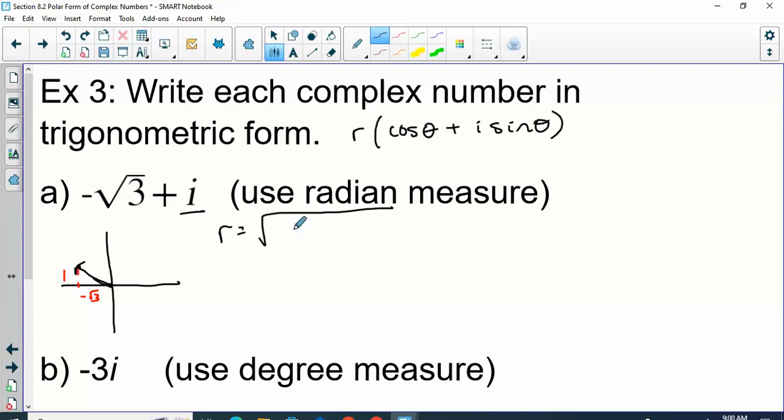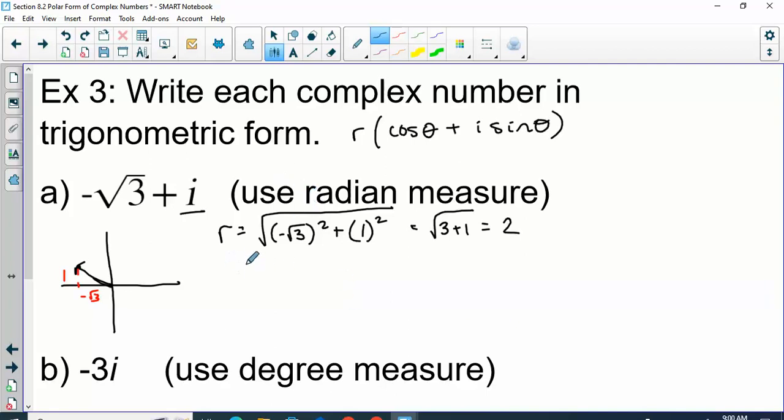Either way, when I plug this in, my x was a negative radical 3 squared. My y, we are just doing the coefficient on the I, so that would be a 1 squared. So the square root of 3 plus 1, so square root of 4 is 2. So my r is 2.